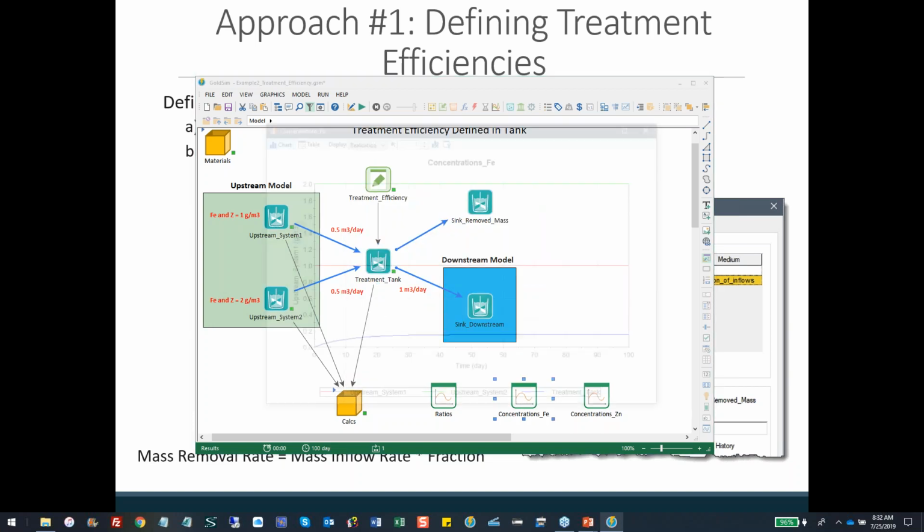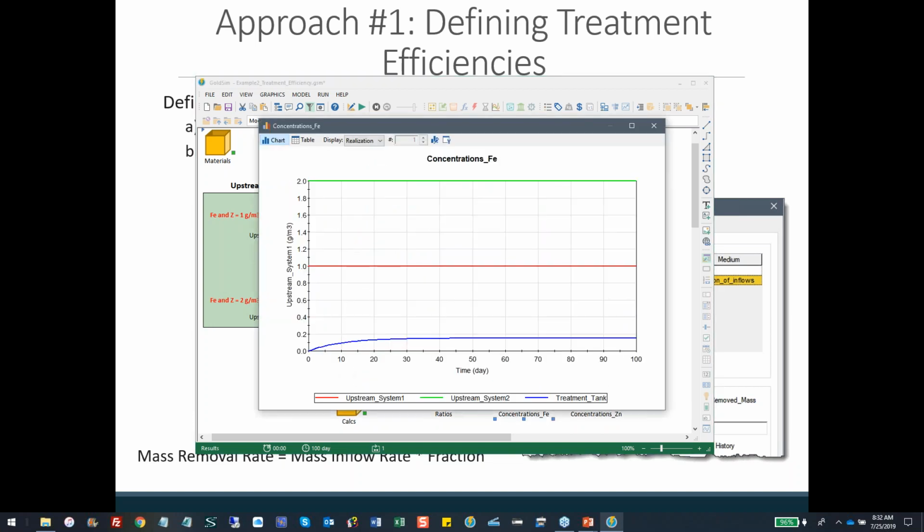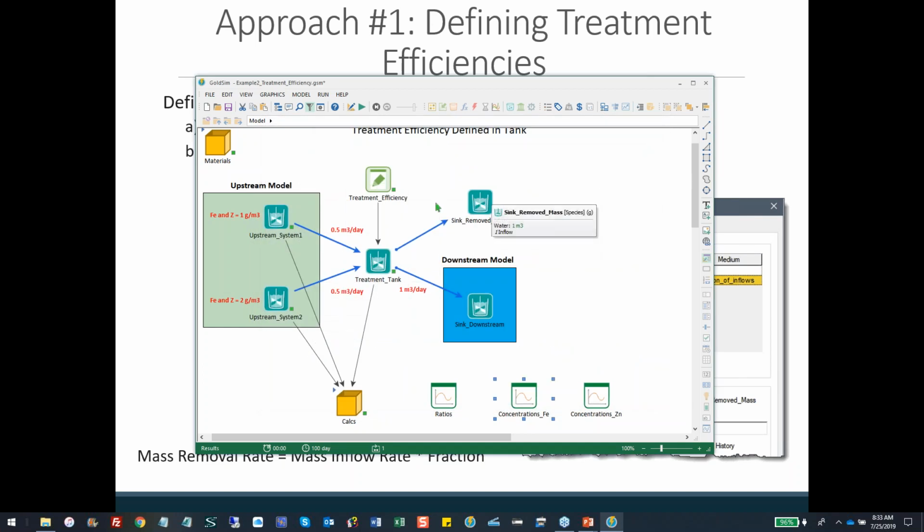So if I now look at my concentrations, what you see here is that's what's coming in, and that's what's leaving. For iron, basically 10% of it leaves, 90% of it gets thrown into here.